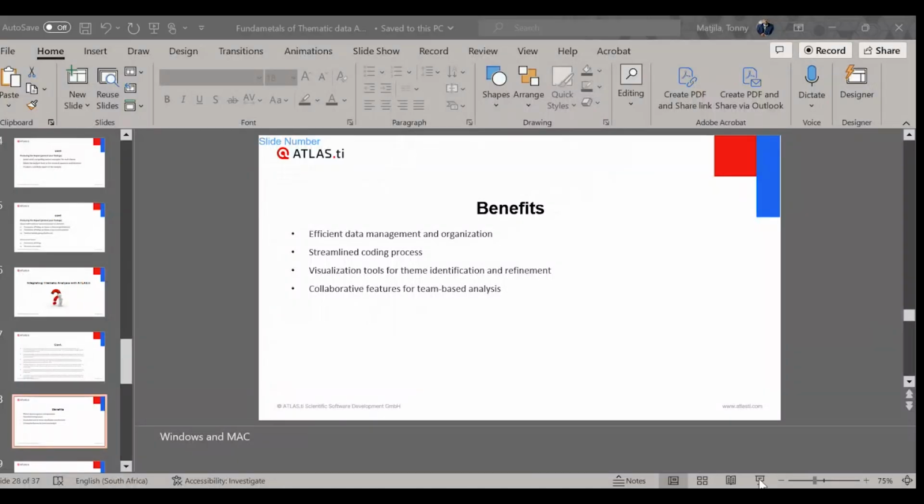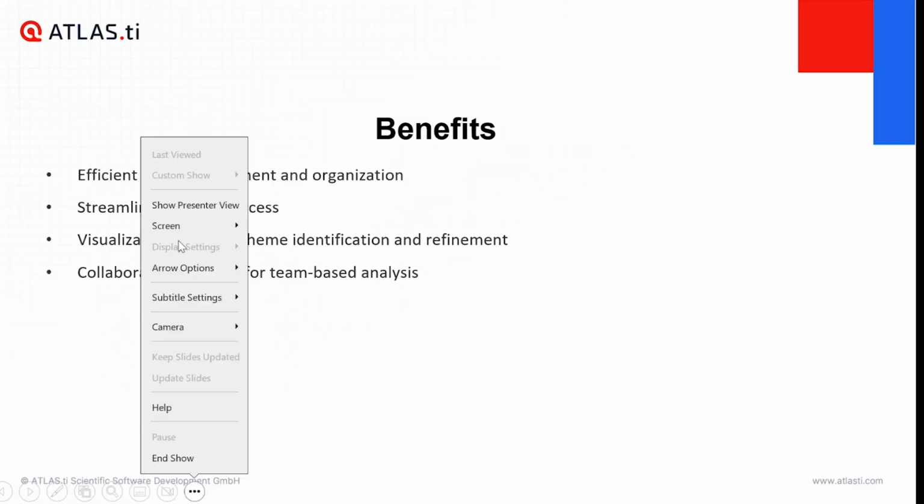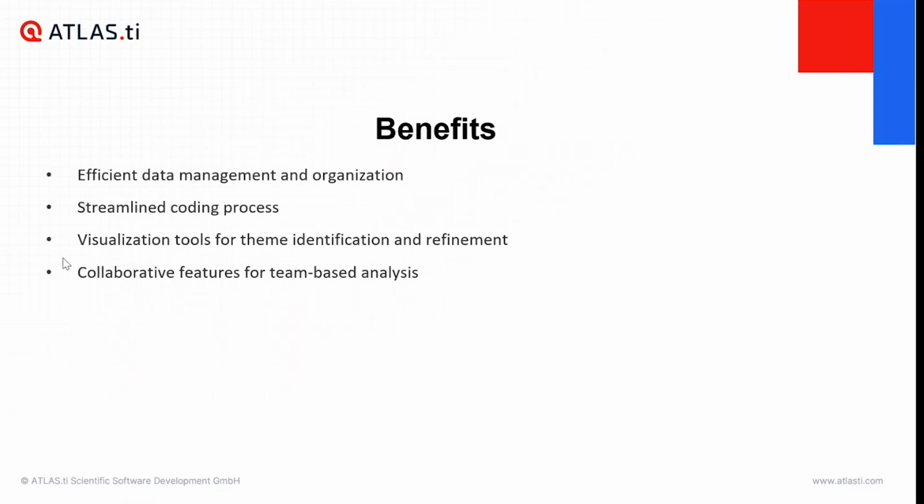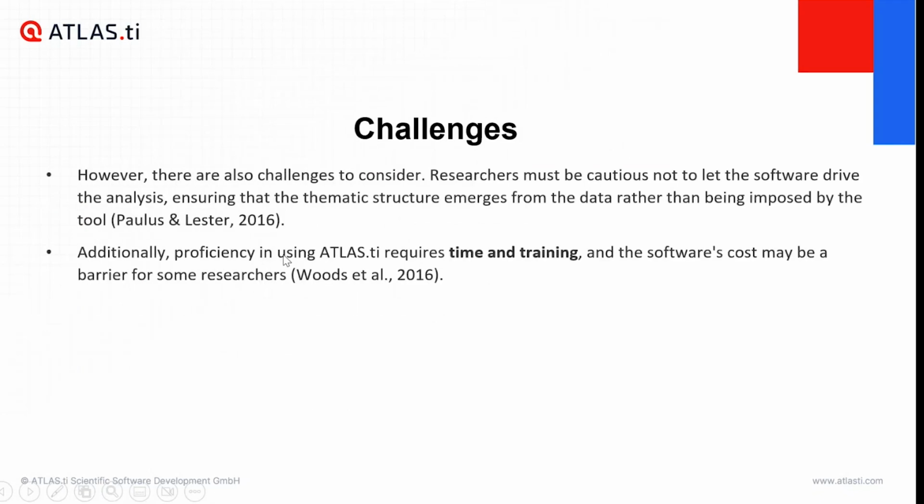Let me go back to, I will be done now so that we can address questions that may come up. So yes, I just wanted to show you this collaborative feature and the challenges, because there are some challenges that you need to consider. You should be cautious not to let the software drive the analysis for you. And what am I saying? Because we talk about those 6 steps.